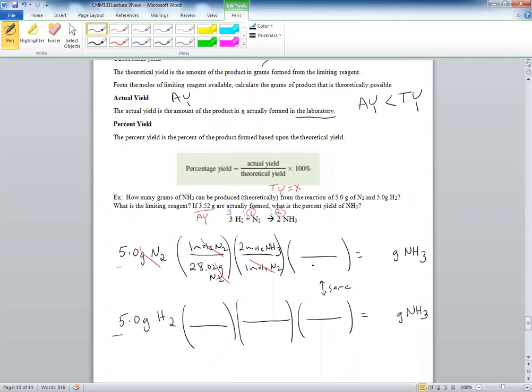So that would be 1 mole of NH3. They can cancel out, and then find that from the periodic table, this would be 17.04 grams of NH3.